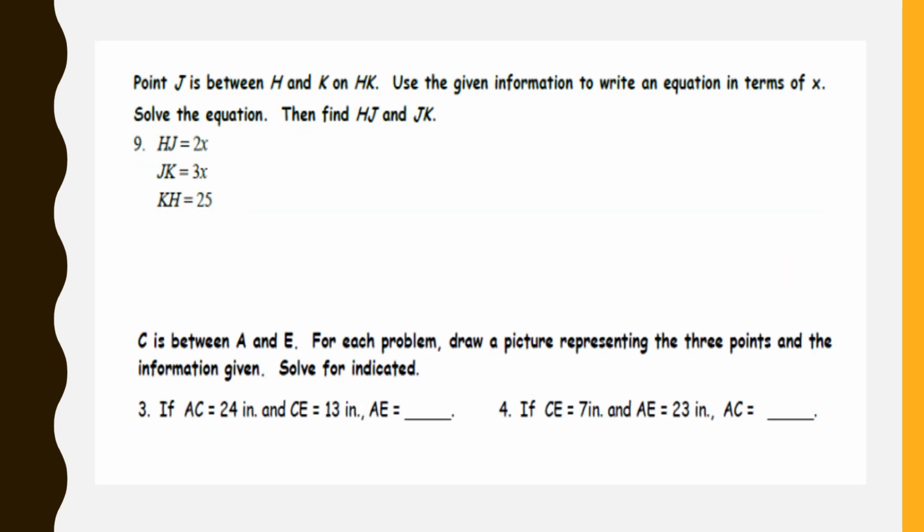All right, here. Point J is between H and K. Use the given information to write an equation in terms of x, then solve the equation, and find JK and x. So we could say that 2x plus 3x equals 25, because J is between H and K. So 2 plus 3 is 5x.